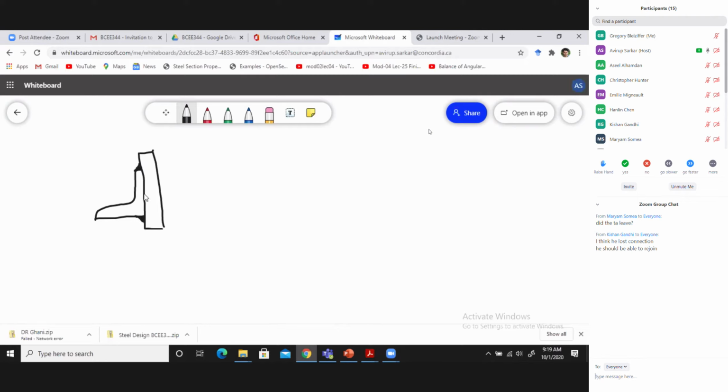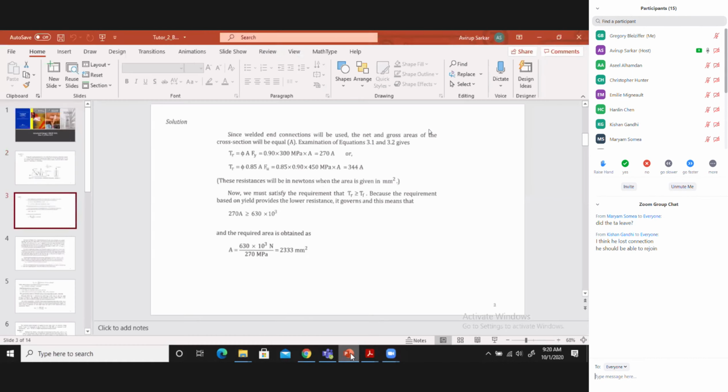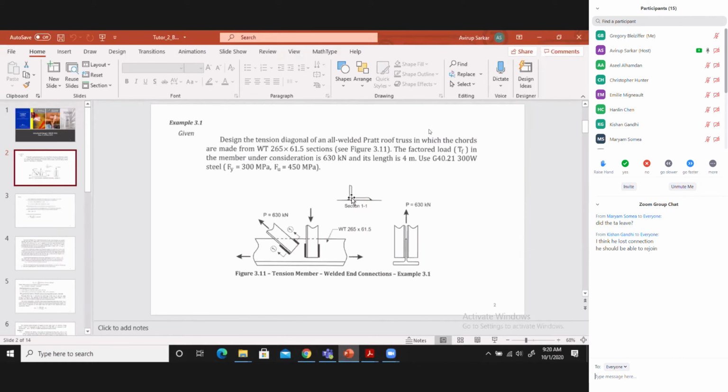If you see, this weld goes into the plane of the paper, and this is the front view as I had shown, and this is how the plan view looks.